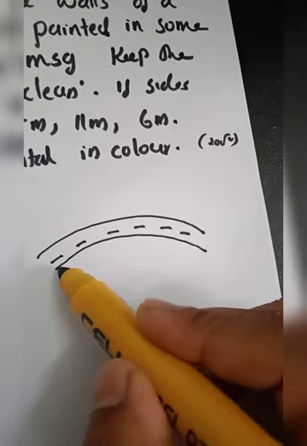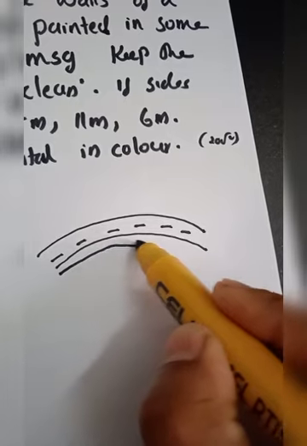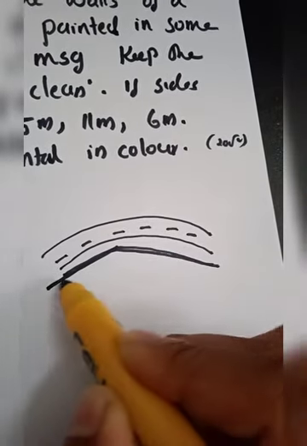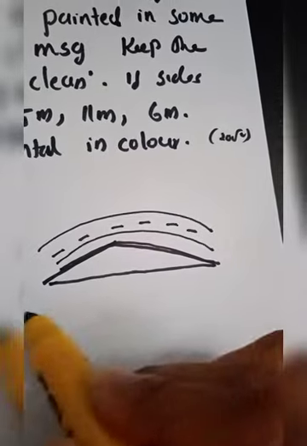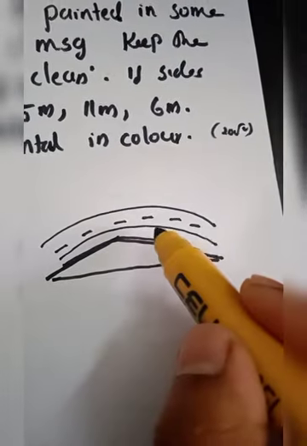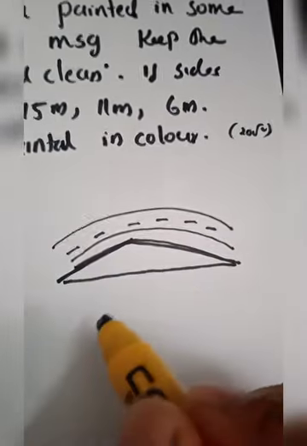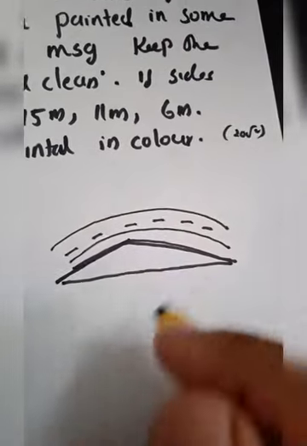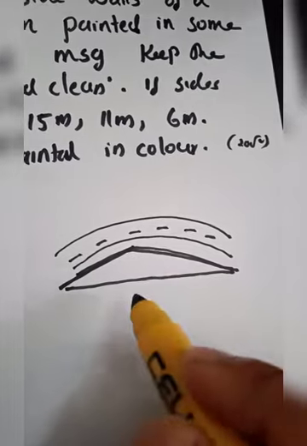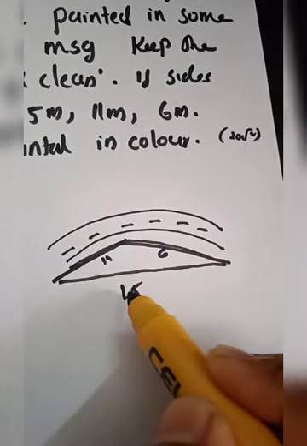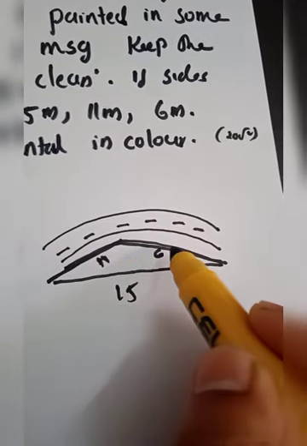Here there exist some triangular side walls, that means a wall in the shape of a triangle. In the question they have given the triangle at a corner, but for the time being let me draw the triangle like this. Its sides are given as 15, 11, 6. They are in meters: 15 meter, 11 meter and 6 meter.